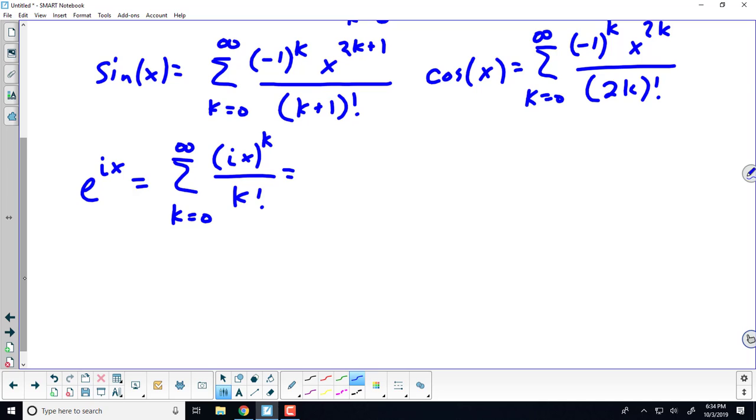So let's write out the first few terms. When k is 0, anything to the 0th power is 1, over 0 factorial.